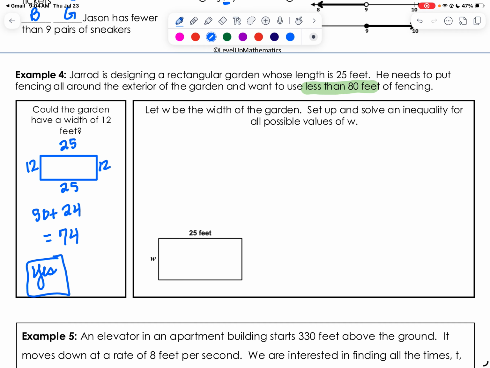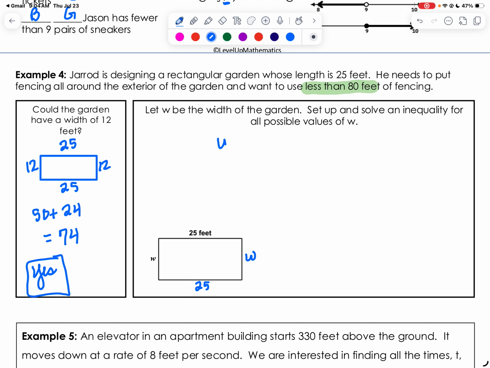Now, let's let W be the width of the garden. Set up and solve an inequality for all possible values of W. So to find the perimeter of the garden, we're going to add up all four sides. So if this is W, then this side is W, and this side is 25.